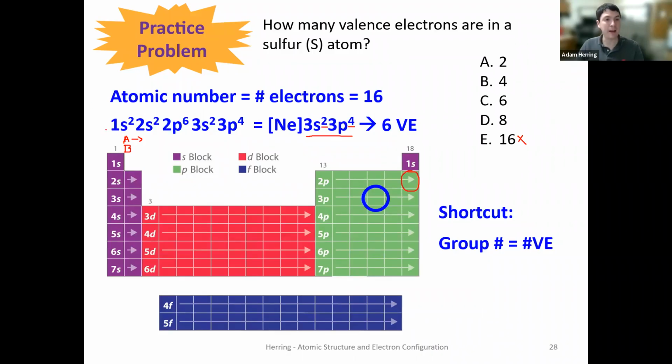So you'll have 1A here, 2A here, and then this is 3A, 4A, 5A, 6A, 7A, and 8A. And those numbers indicate for you the number of valence electrons within that group.